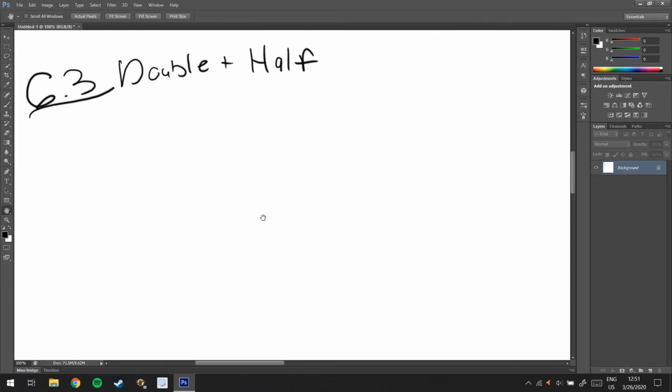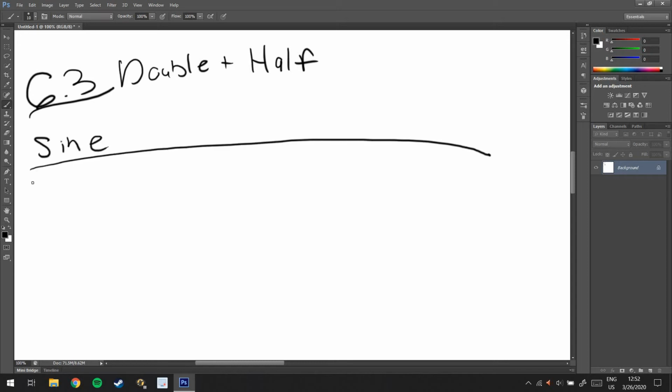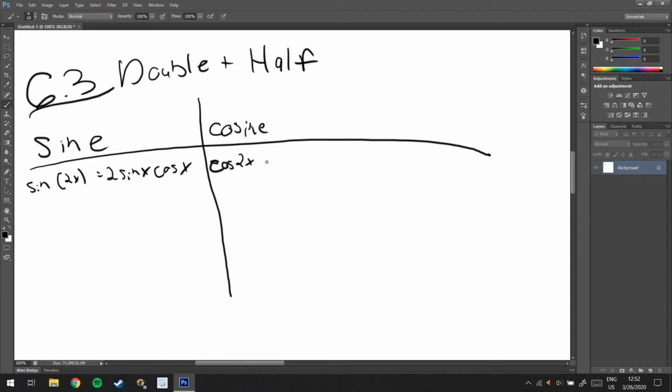I'm just going to remake our table that we had. So for sine, I just wrote this one out. It is sine of 2x is equal to 2 sine x cosine x. For cosine, we end up getting cosine 2x is equal to cosine squared x minus sine squared x.